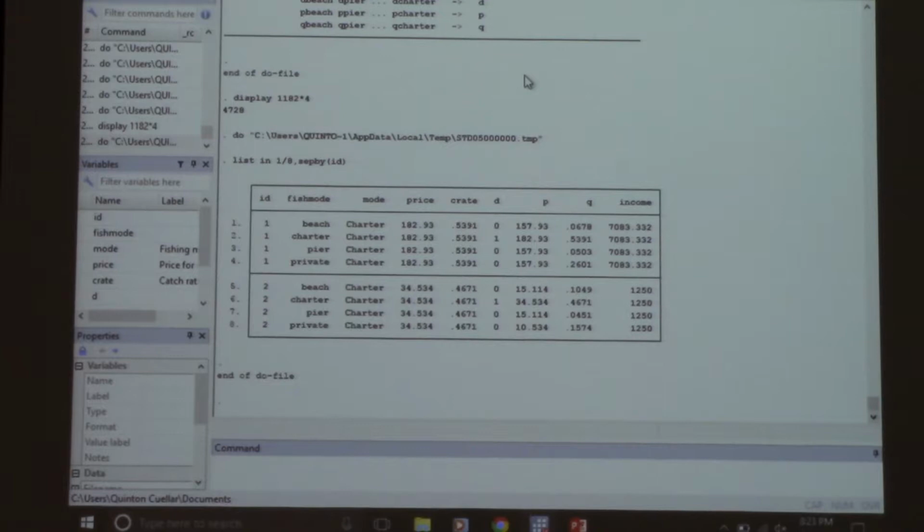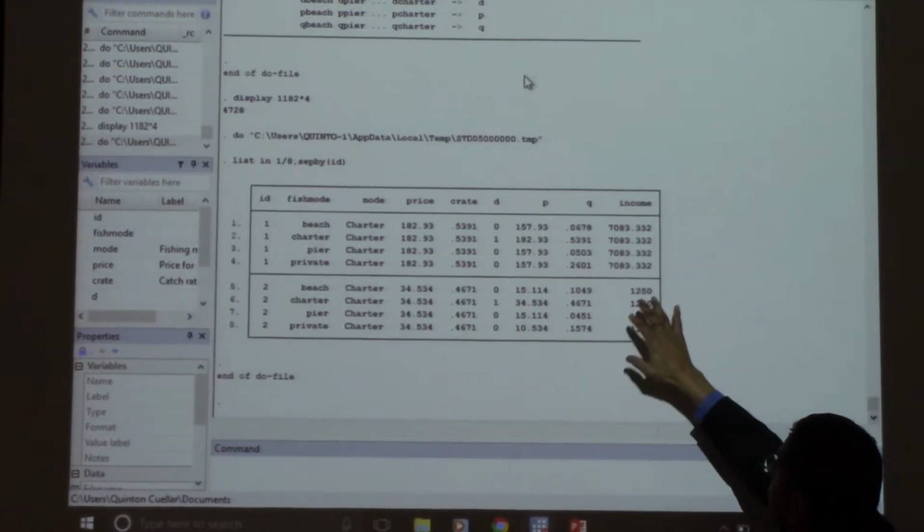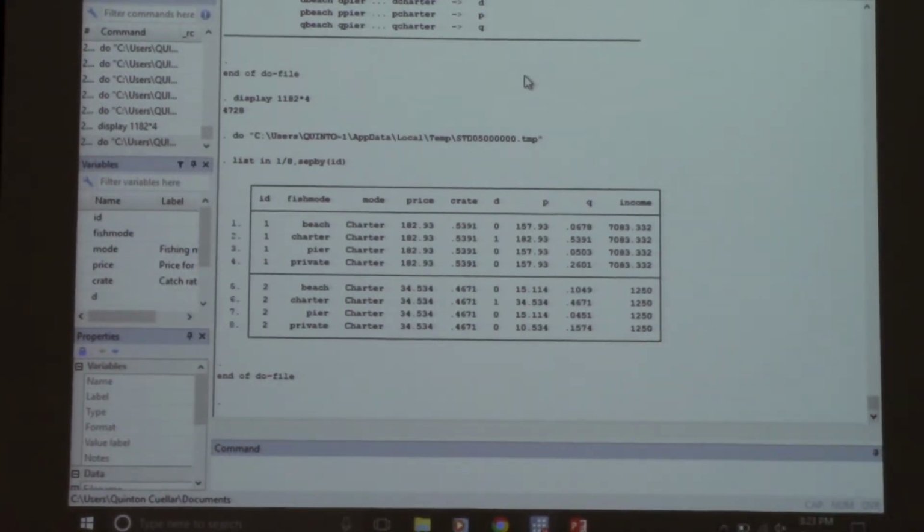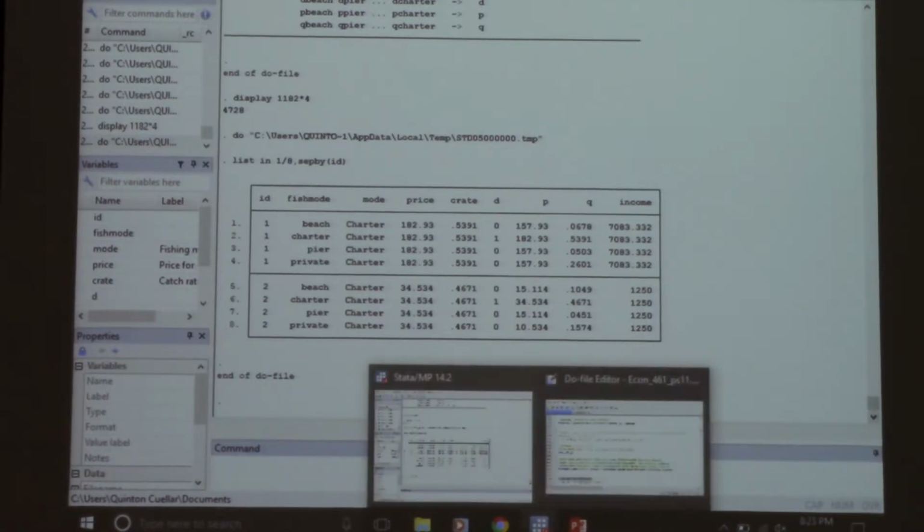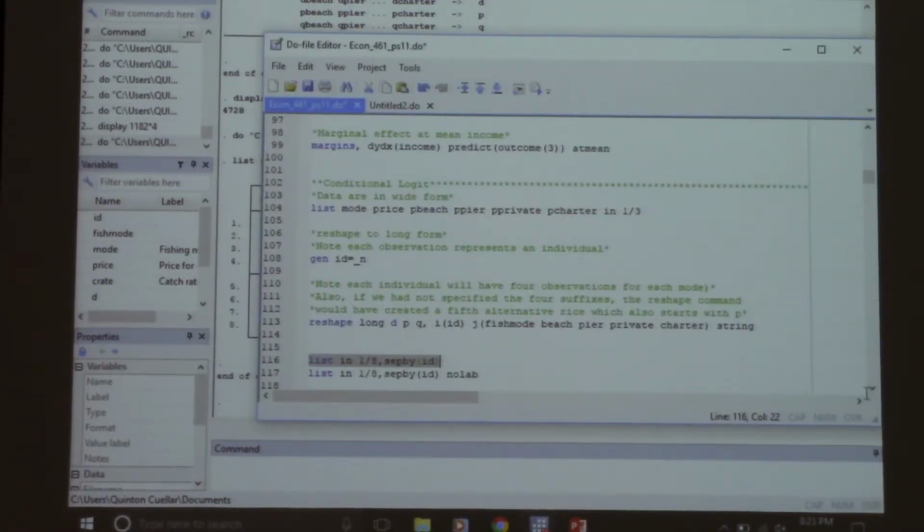Yeah, the blooper reel. We have our alternative specific variables that differ across each alternative. We have our case specific variables that are the same for each ID. So income, again, doesn't change across those. So it looks like things are set up nice, case appropriate.